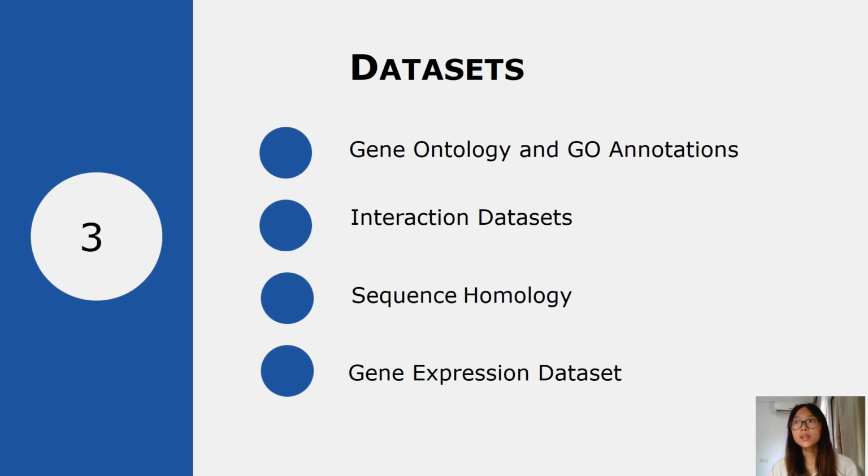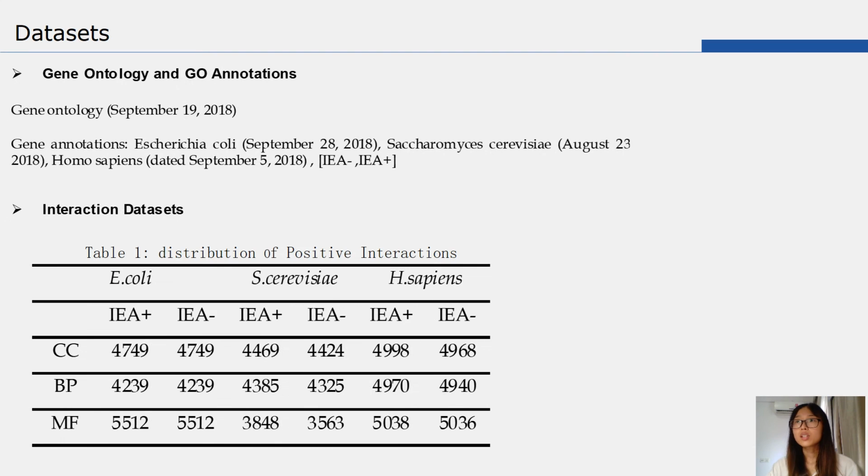Our experiments involve these datasets. The files of GO and gene annotations were downloaded from the GO database. Their version is shown in this slide. We used 3 PPI datasets, including S. cerevisiae and Homo sapiens, to compare protein2vec with other semantic similarity approaches.